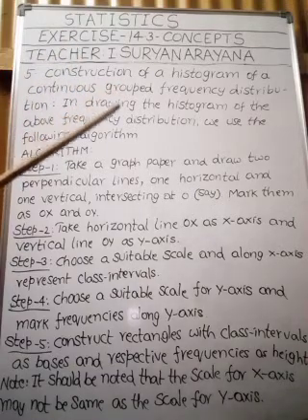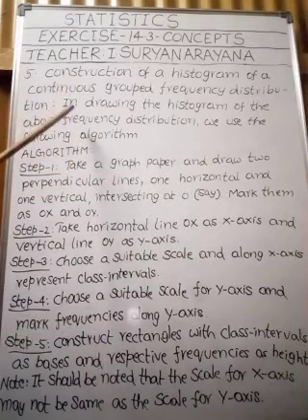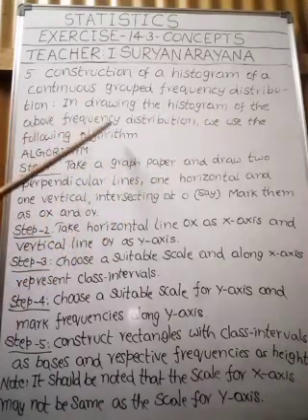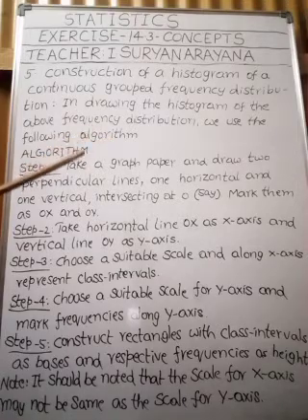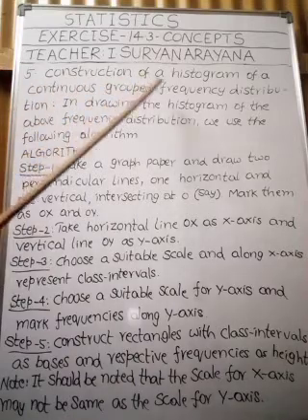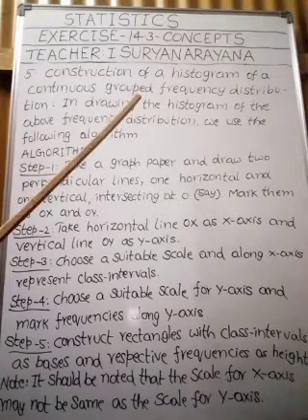Please listen carefully and remember these steps in drawing the histogram of the above frequency distribution. We use the following algorithm. Here we use these five steps in drawing the histogram of a continuous grouped frequency distribution.